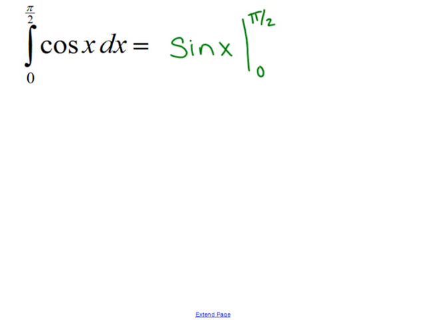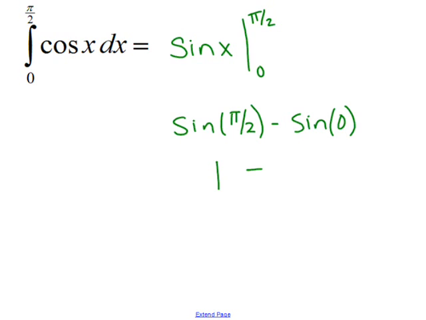So looking at sine evaluated from 0 to pi halves, I write sine pi halves minus sine of 0, and this is where those exact values come back to get us. Sine of pi halves is the y value at pi halves, which is 1, and sine of 0 is 0, so the answer to this is just 1.